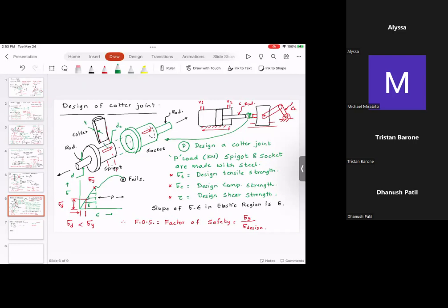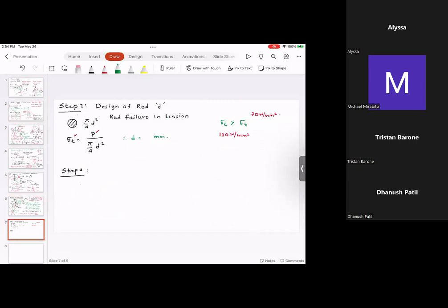If you consider the cross-section area here, the area is this: t and D2. The failure is also again in tension.